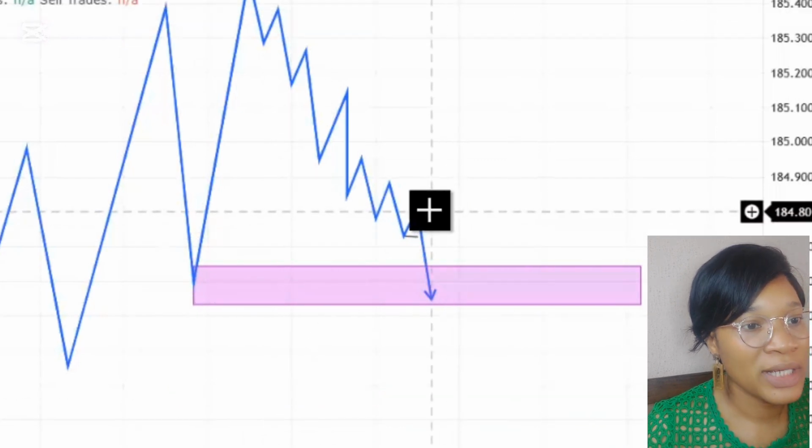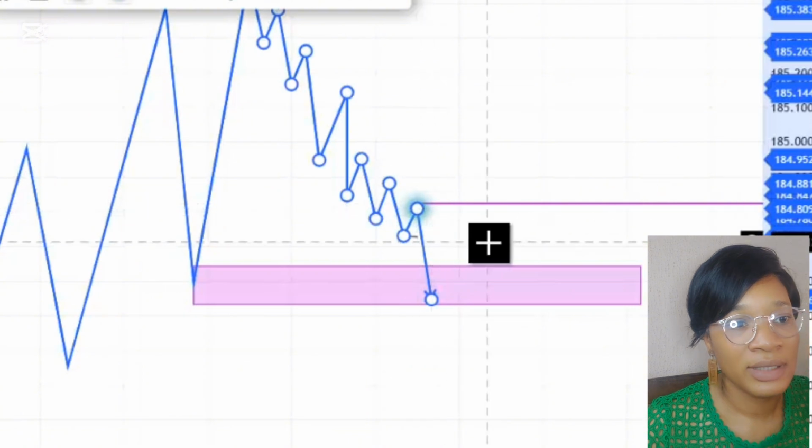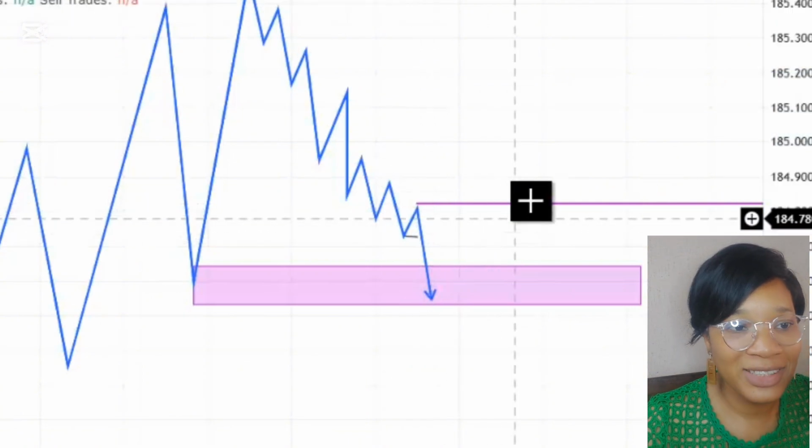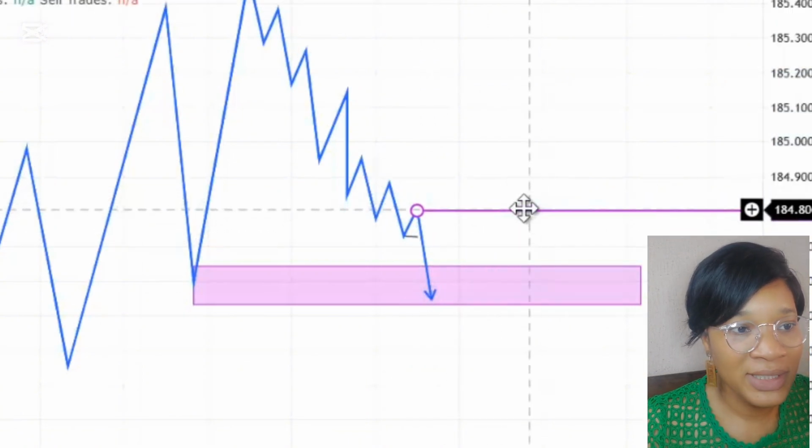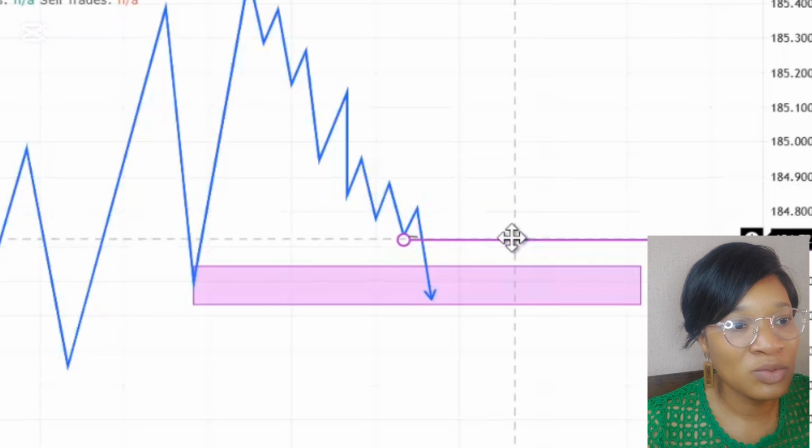This is your last swing high right here, I mean on the lower time frame. Now this is your last swing high, this point. Now this is your last swing low.